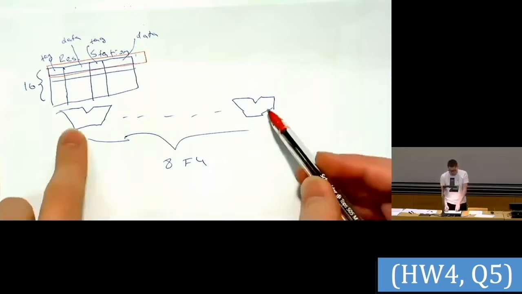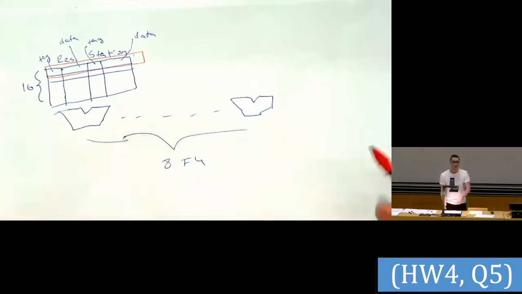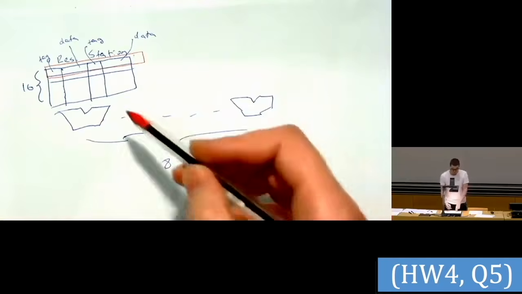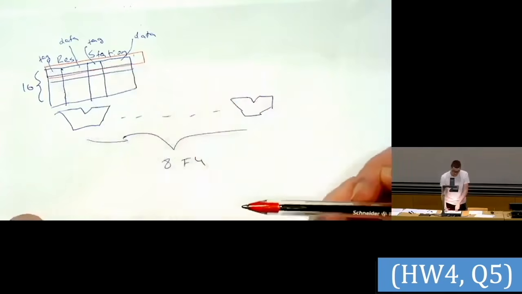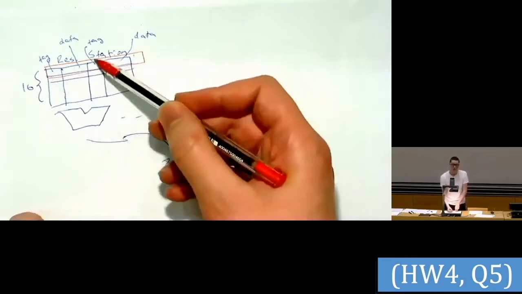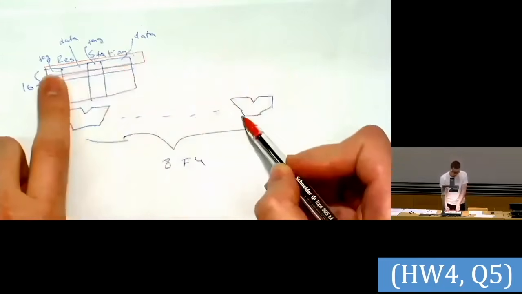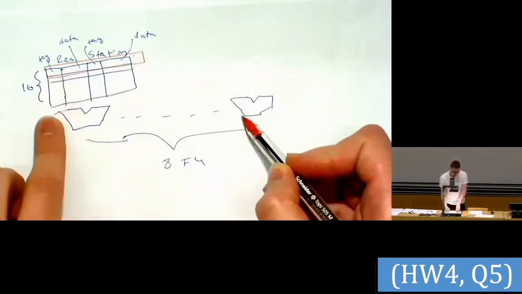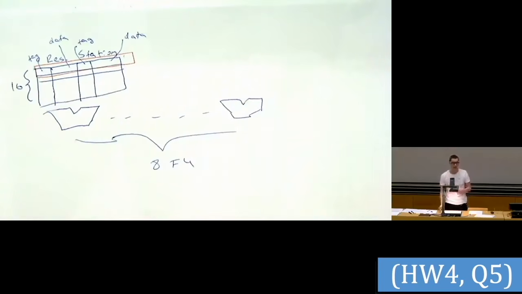Because in the same cycle, each of those 8 functional units can produce a result, and this result needs to be compared with each of the tags in the reservation station entry. So we have 2 tags here, and we have 8 functional units. So it means that we will need 8 multiplied by 2 tag comparators. Okay, is it clear?